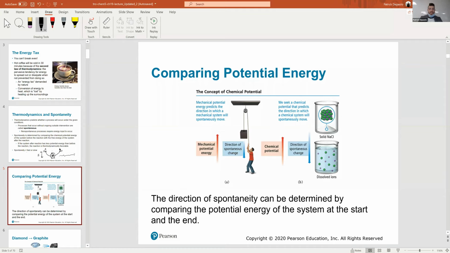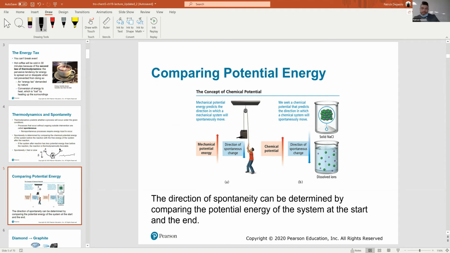So here are other examples of spontaneity. If you have simple mechanical potential energy, where you lift something up with a pulley, there is mechanical potential energy in that object, mgh, from physics, and the direction of its spontaneous change is down. If you add no more energy to the system, and you need energy to hold it in the same spot, it will fall down.